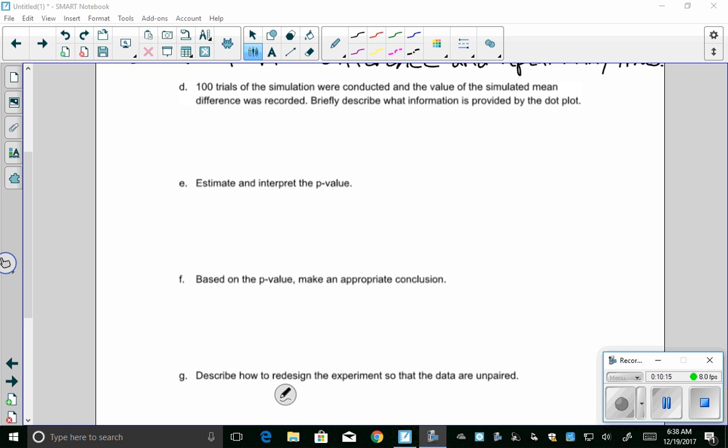So problem 10 says to briefly describe what information is provided by the dot plot.